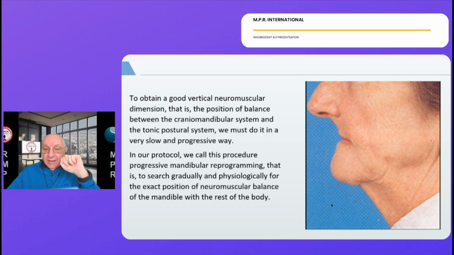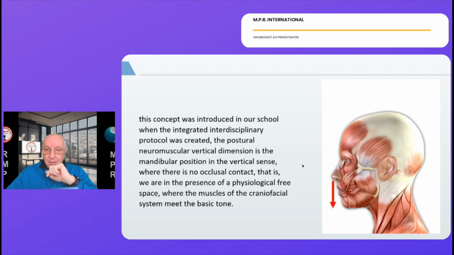The second is the anatomical vertical dimension, which is the one we use to build and establish a functional occlusion. This concept was introduced in our school with the development of the integrated interdisciplinary protocol.